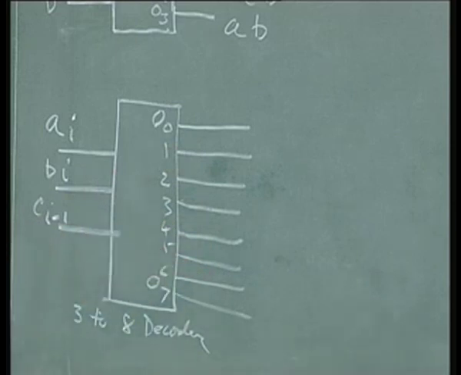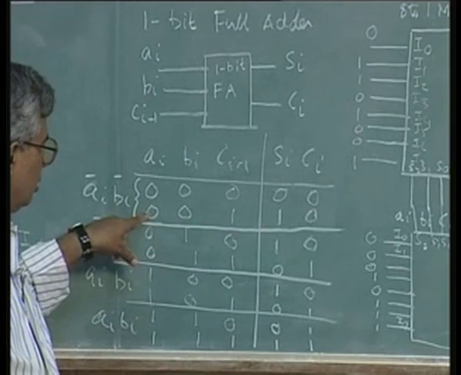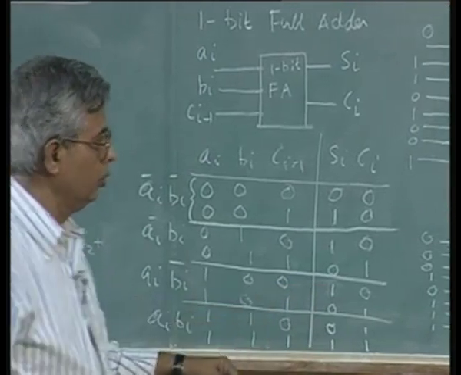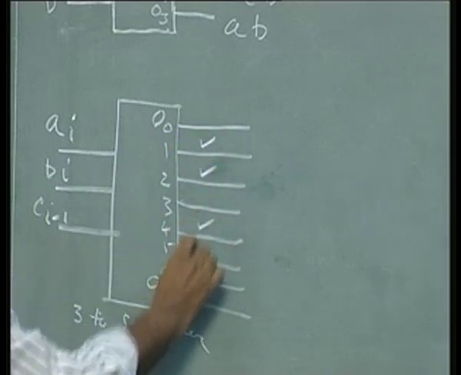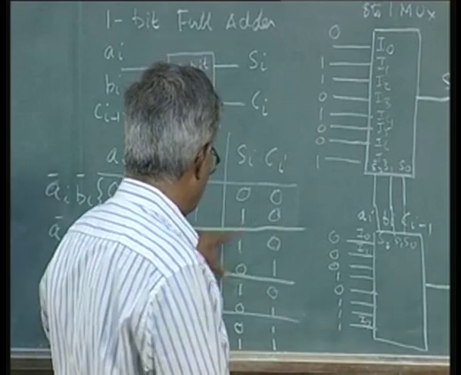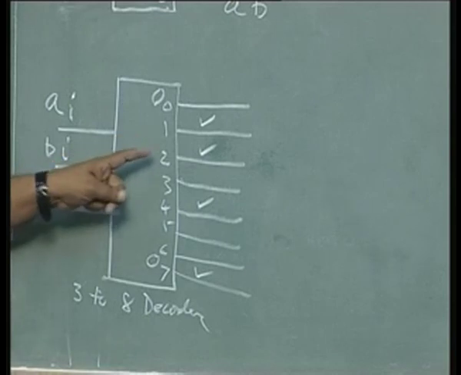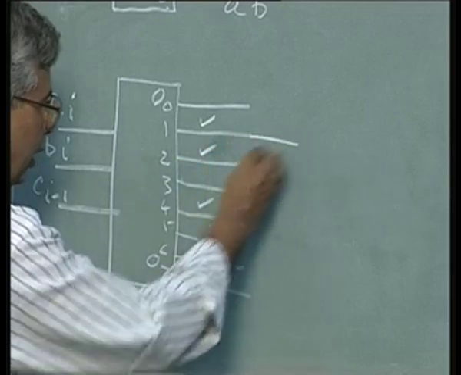Now, for the sum Si, we need the outputs 1, 2, 4 and 7. The output will be high whenever these combinations occur, and the sum is nothing but an OR of these. The sum is this or this or this or this. So, all I need to do is to put an OR gate at the output.